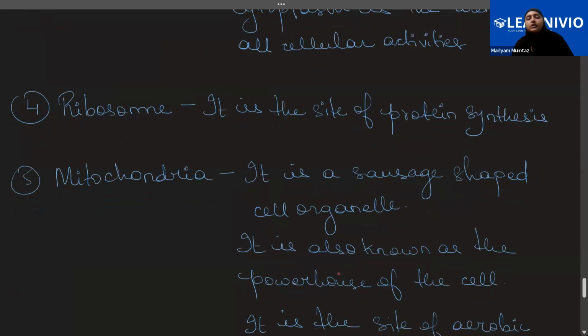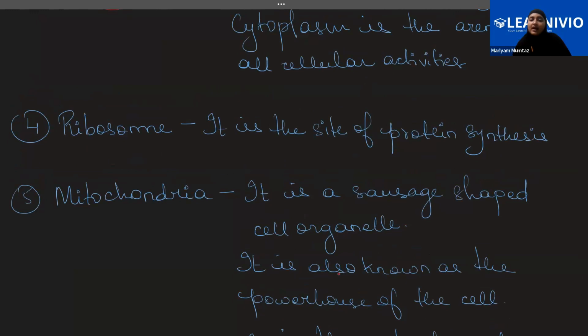All right, now moving on, that is the ribosome. Now ribosomes are structures that sort of look like this. It has two subunits, one smaller and one larger. It is the site of protein synthesis.